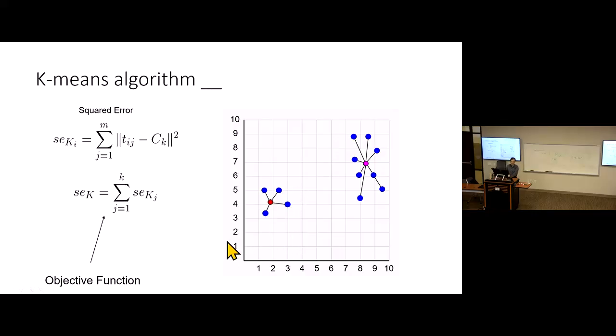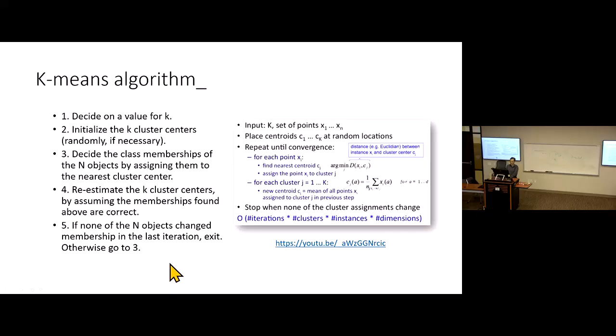And when each group is minimized, then the whole objective function is minimized. Description: determine K and initialize the cluster centers randomly.